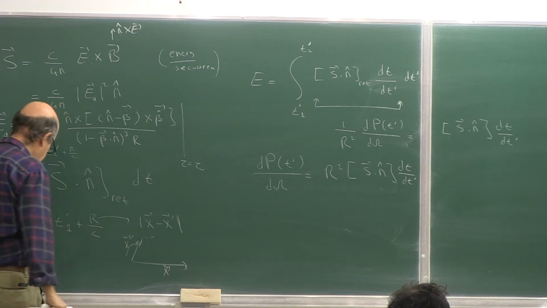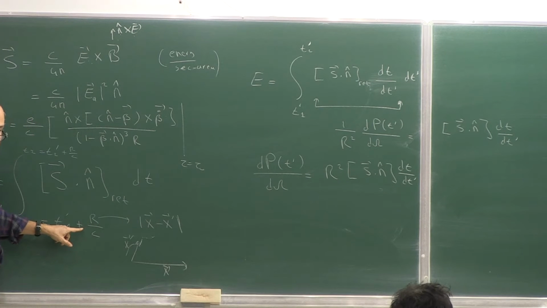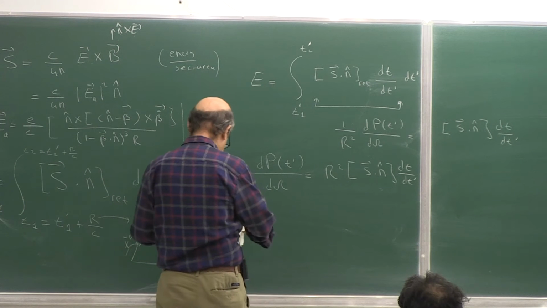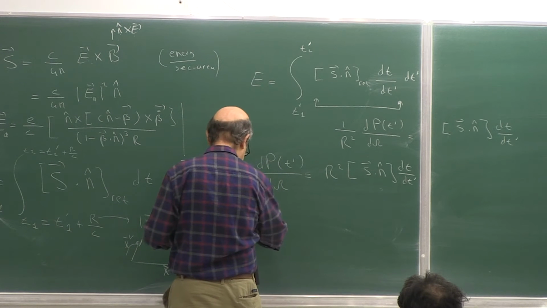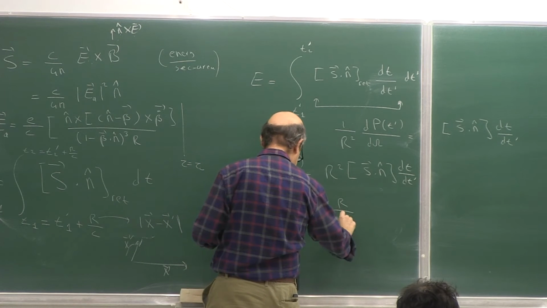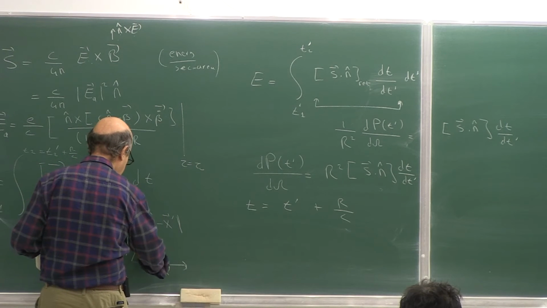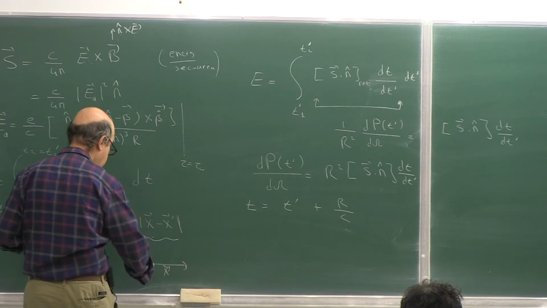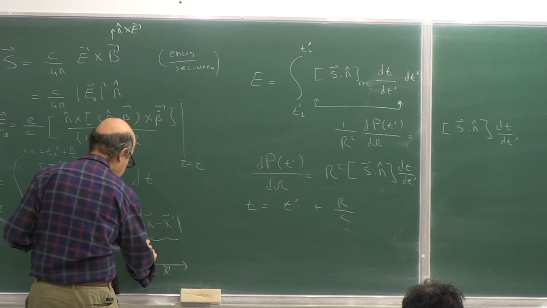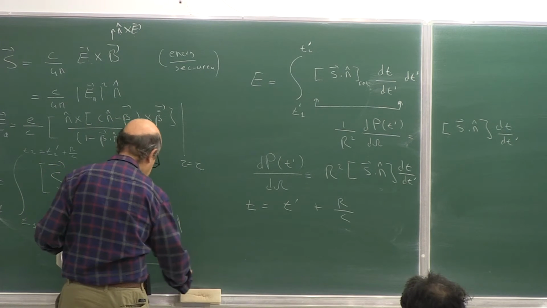I know dt over dt prime because t is nothing but t prime plus r over c, so I can calculate it very easily. As we said, when the charge moves along its trajectory, this location is x prime and t prime, and this location is the coordinates x and t.